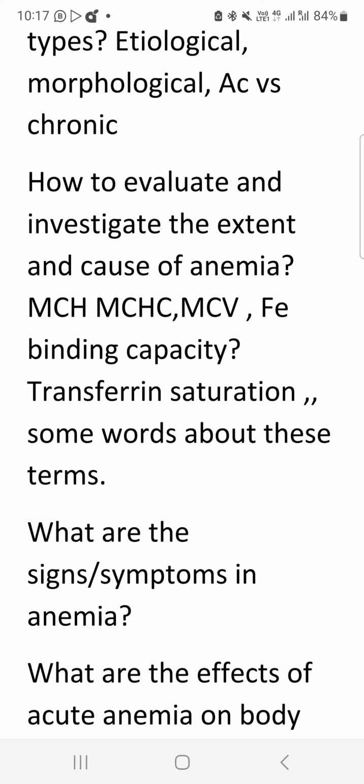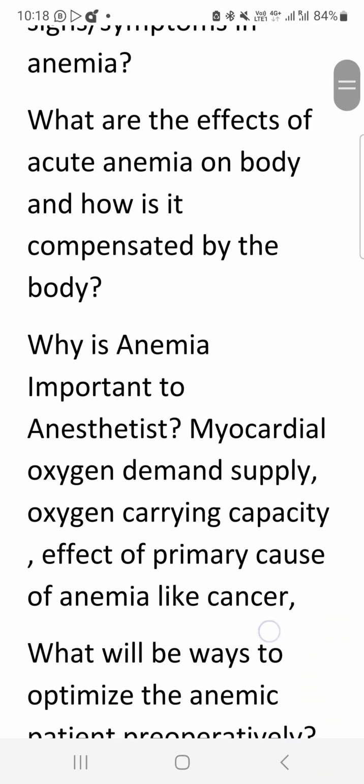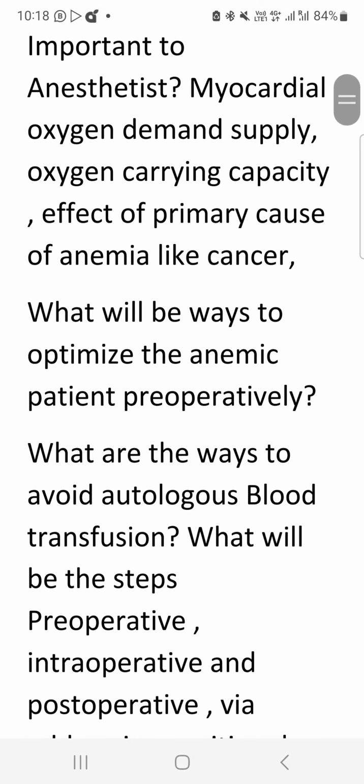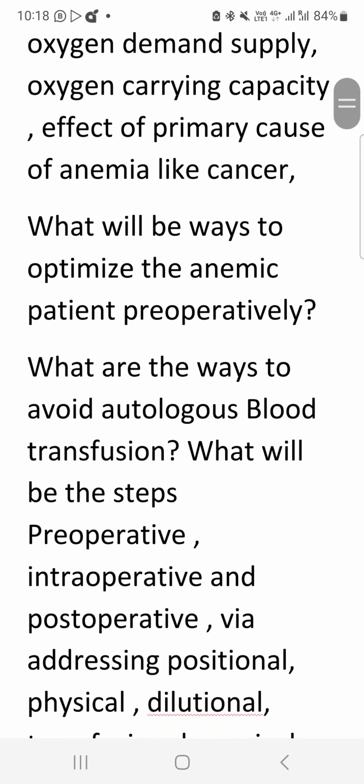And then, being an anesthetist, the important thing is that if you have an anemic patient, even if it is compensated, there will be some compensatory mechanisms which will have a drastic effect on your anesthesia management. So this is one of the topics, you can have a look at it. And then the next thing related to it is how to deal with it.